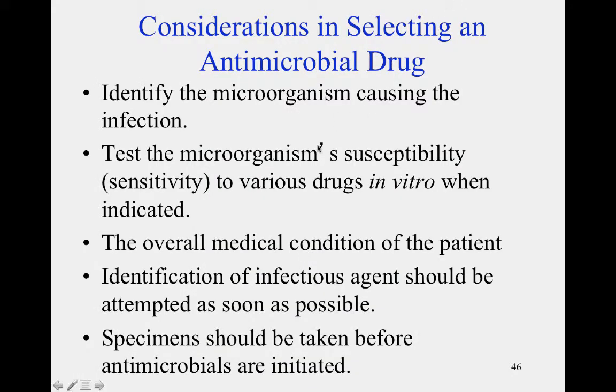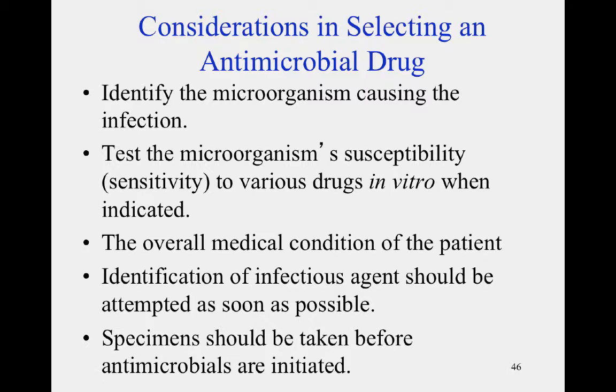Now, as far as if you are diagnosed with an infectious disease, how does the doctor go about figuring out what to treat you with? Well, first he needs to deduce what you're actually infected with. And then there's multiple tests that can be conducted to determine what antibiotic those pathogens are sensitive to.